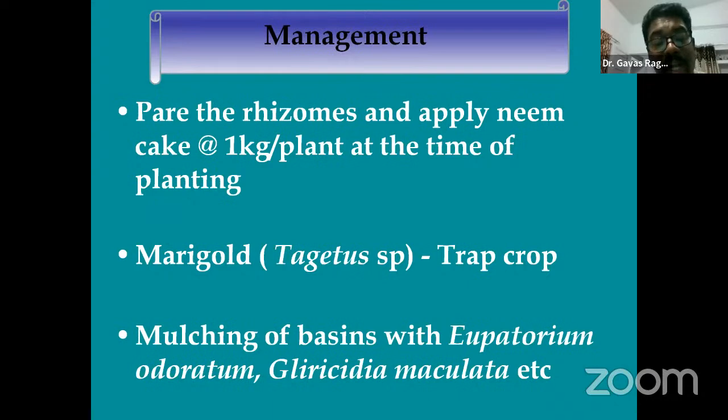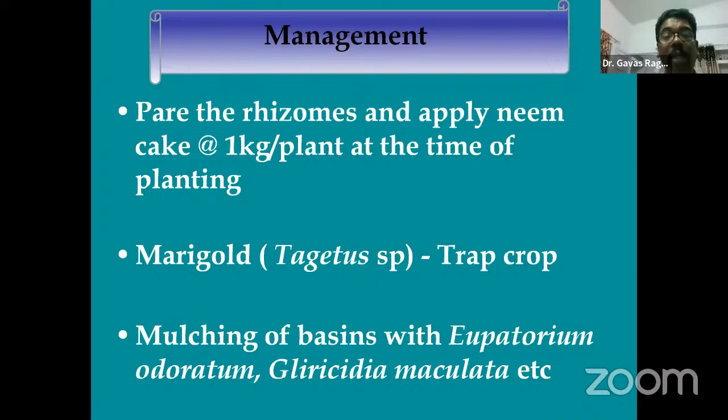In addition to that, we also recommend mulching of basins with Eupatorium odoratum. Gliricidia is also recommended. These plants, when they decay, release nematostatic chemicals which will kill the nematodes.